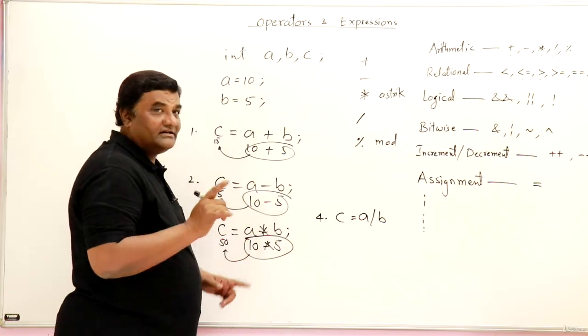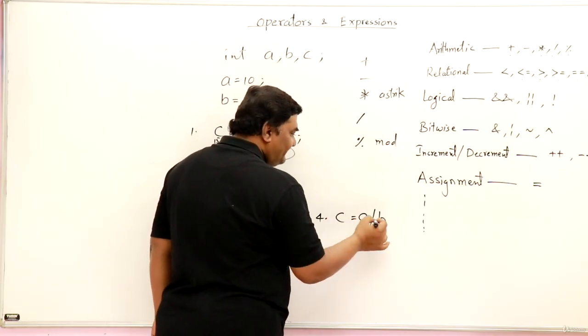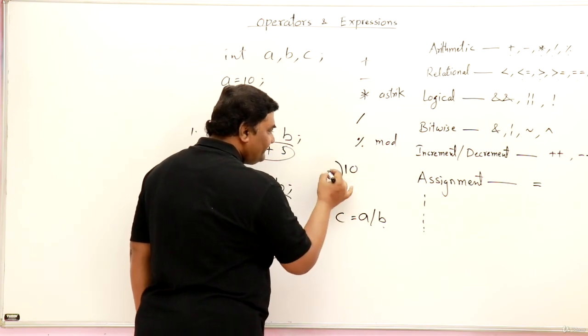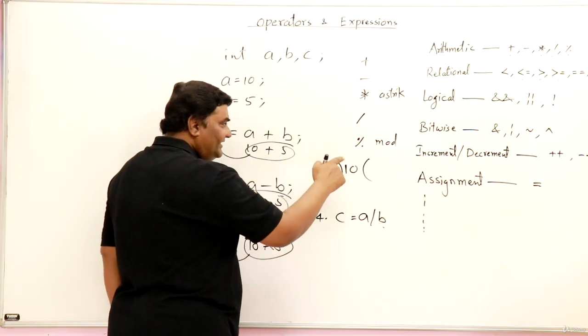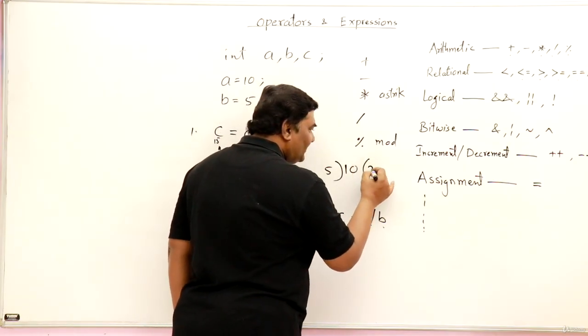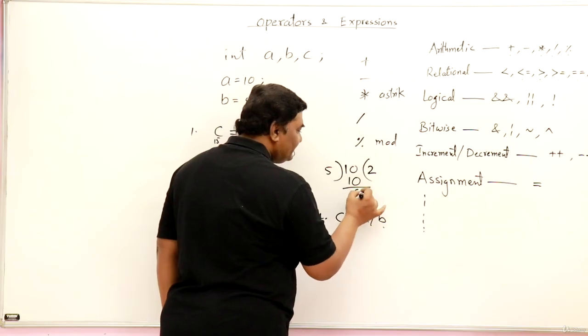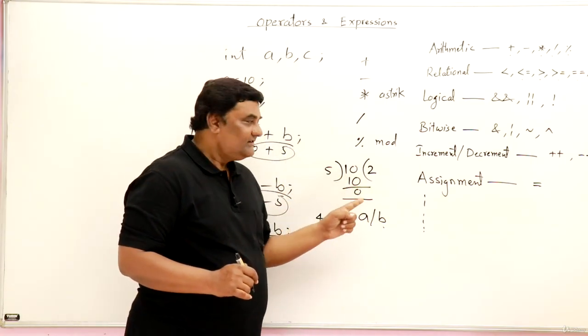What does it mean? Here A is divided by B. A's value is 10 and B's value is 5. So this gets divided. This 5 will divide this 10 two times. 5 twos are 10, and the remainder is 0. Let us learn this.